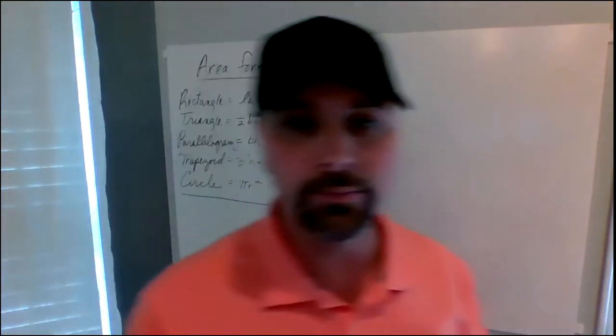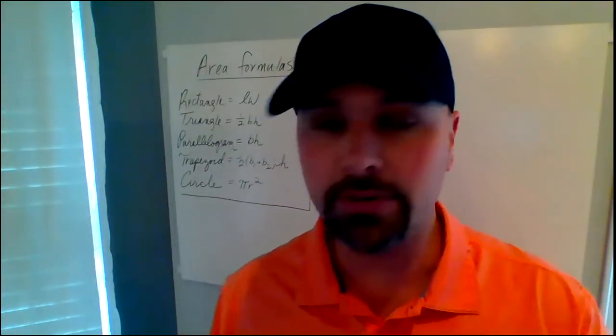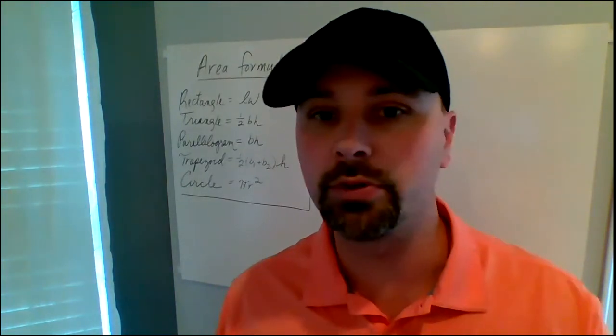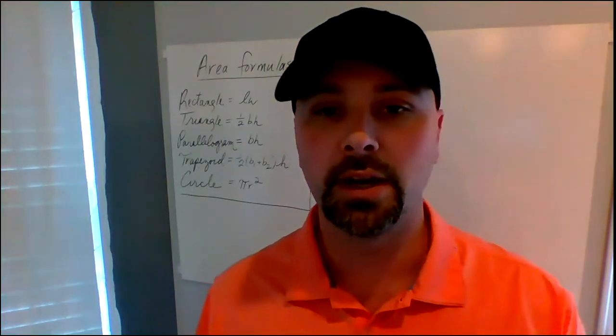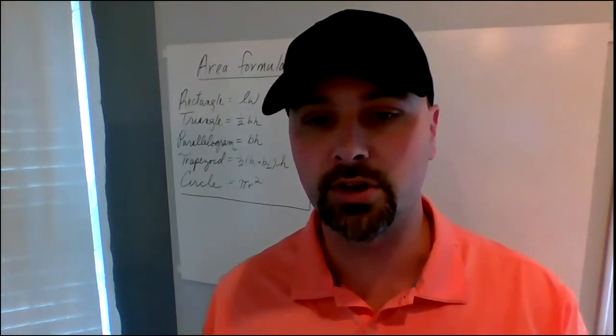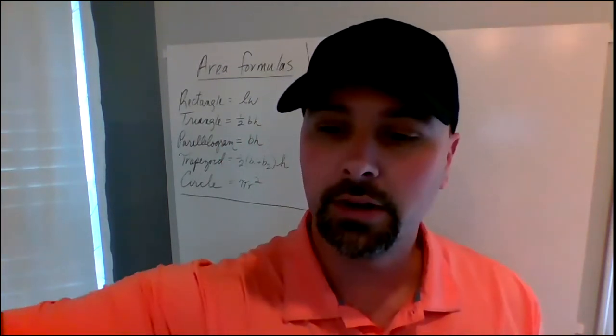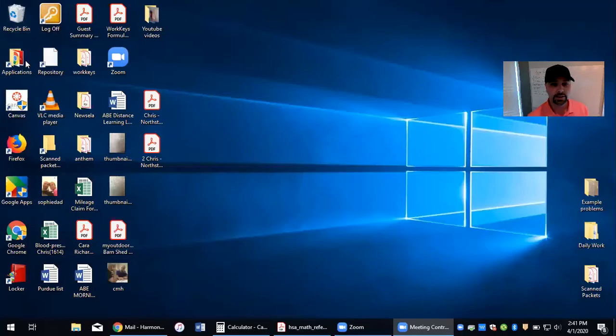And so I wanted to make a video of just me going through a few different kinds of problems having to do with area and how we might solve those, okay? So first let's take a look at what I gave you. Here they are, sorry.